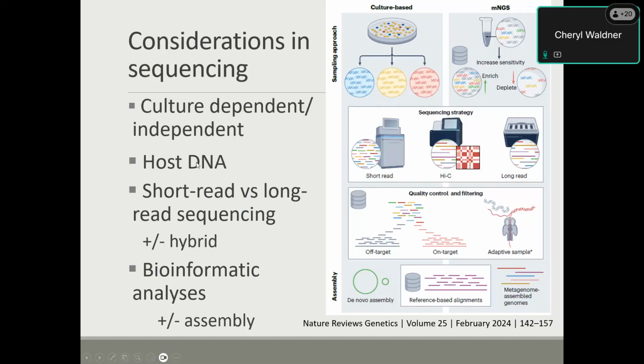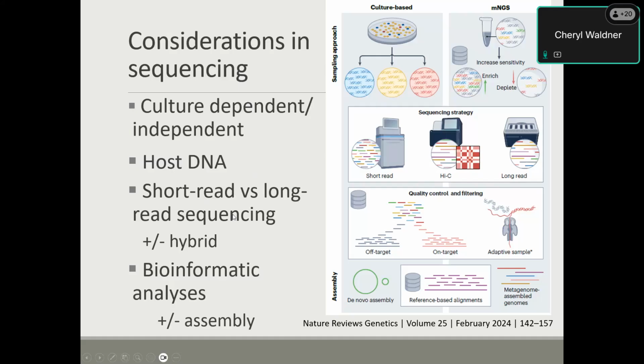One of the big challenges I mentioned when we're doing metagenomic sequencing is dealing with the issue of host DNA. How are we going to be able to find our needle in the haystack, right? That's when the host DNA is the haystack, and mostly what we're looking for are very small numbers of needles. Sometimes they can be a large number of needles, but they're hiding in a lot of host DNA.